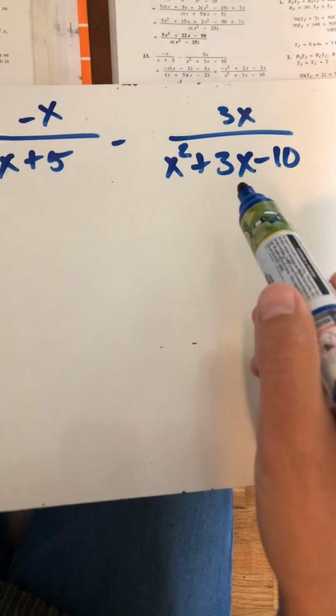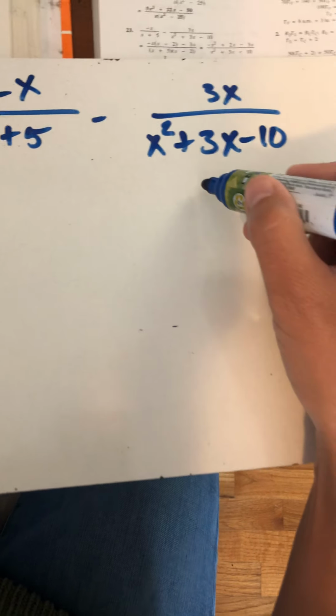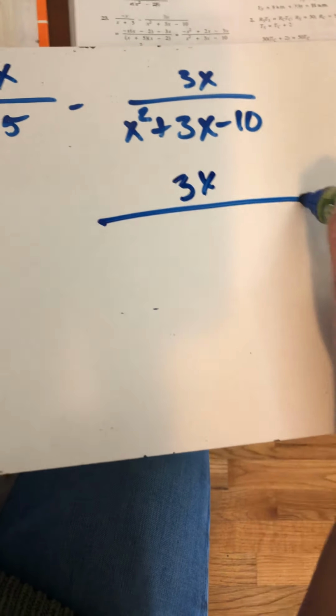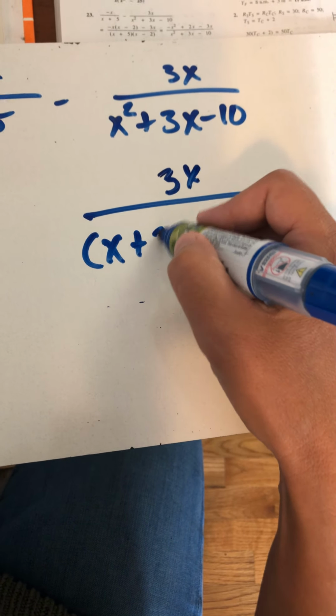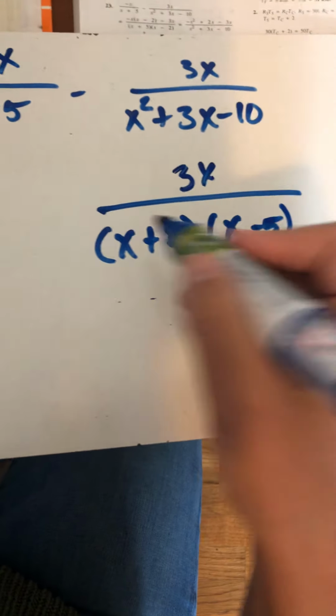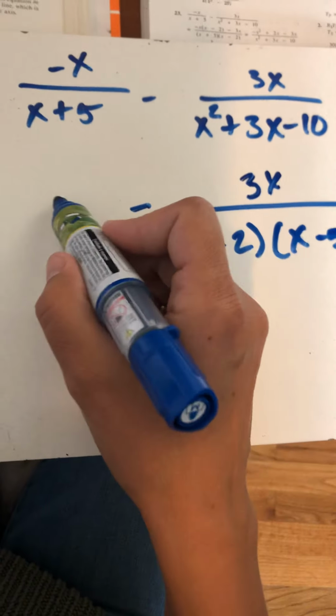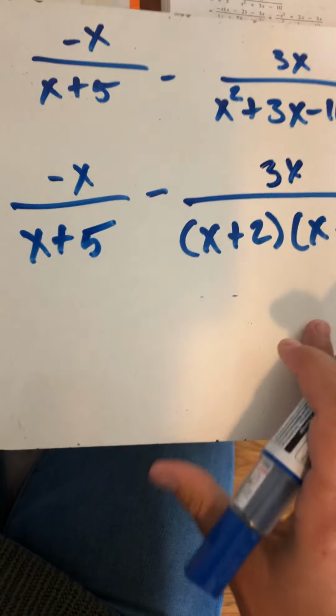First thing I want to do is factor this denominator, which factors into 3x over x plus 2x minus 5. Keep my minus sign here and give me my minus x over x plus 5 again.